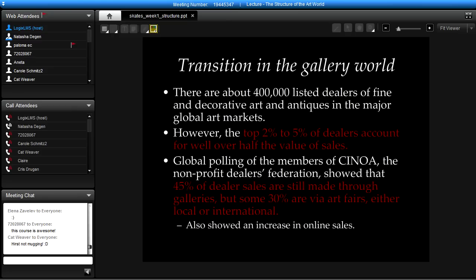And, you know, the rise of the mega gallery is a very important development to note too. So for instance, Larry Gagosian, not only does he have multiple galleries in New York and multiple galleries in London, multiple galleries in Los Angeles, he also has galleries in Paris, Rome, Athens, Geneva, Hong Kong, and so on.